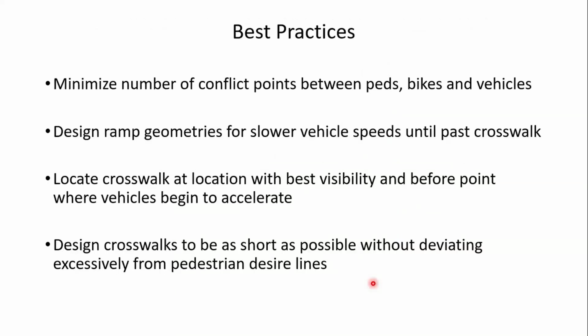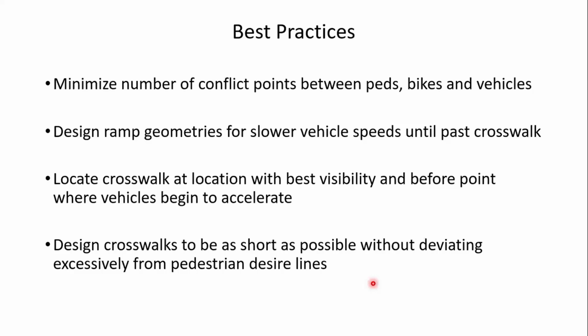Here are some best practices in that regard. One is to try to minimize the number of conflict points between vehicles, bicycles, and pedestrians. Design the ramp geometries for slower vehicle speeds until they're past the crosswalk. Locate the crosswalk at the location with the best visibility and before the point where vehicles begin to accelerate to merge with the traffic stream on the local road or street.